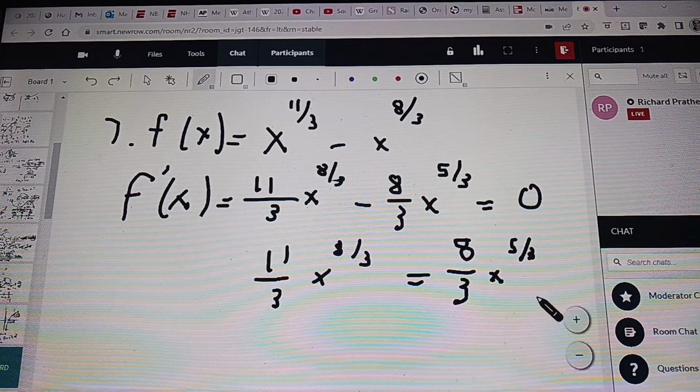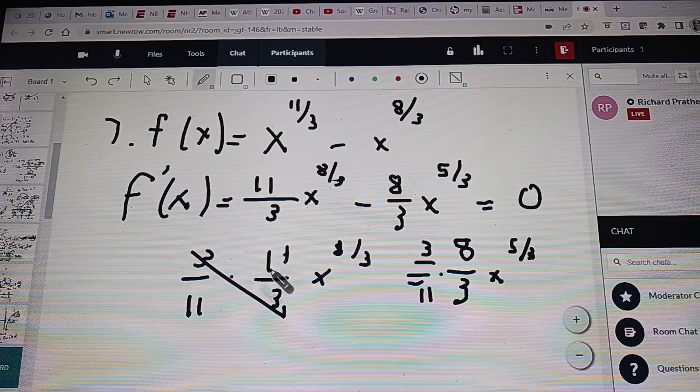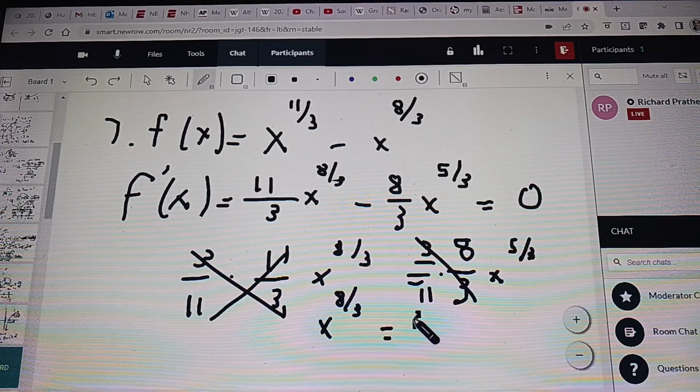And then we could multiply by, which one's better to solve? I want to divide this way, so let's multiply by 3/11. These 3's cancel, so you have 8/11 here.